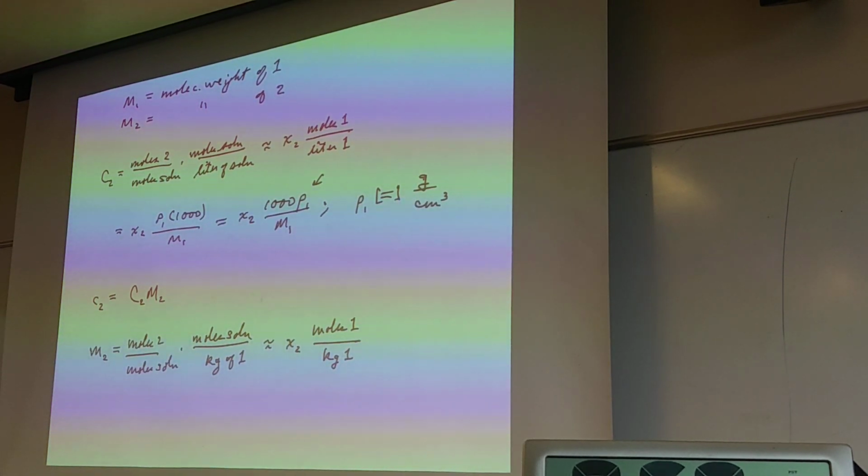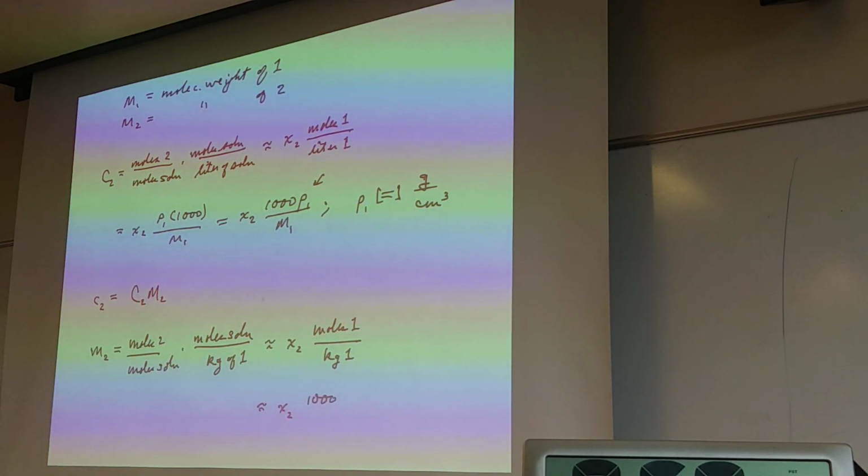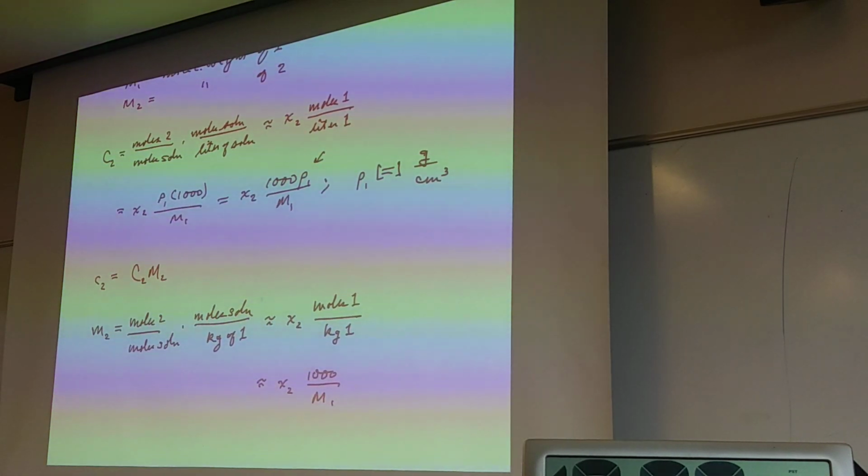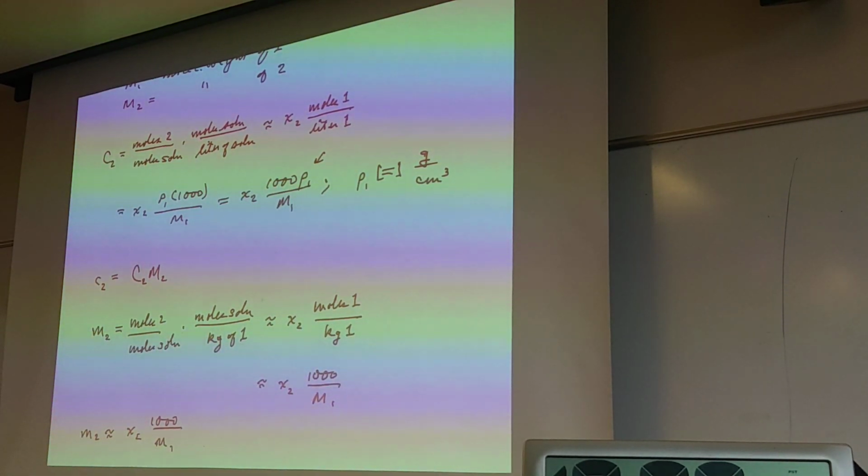So I can write that out. I think I've got enough room here. This is just going to be x2 times 1,000 over m1. So that's the most important relationship that we got out of it, right here. That little m2 is approximately equal to x2 times 1,000 over the molecular weight here of the solvent.